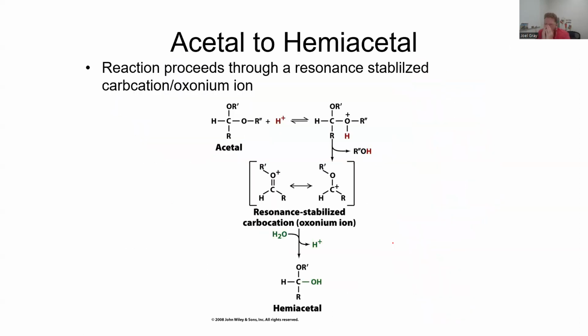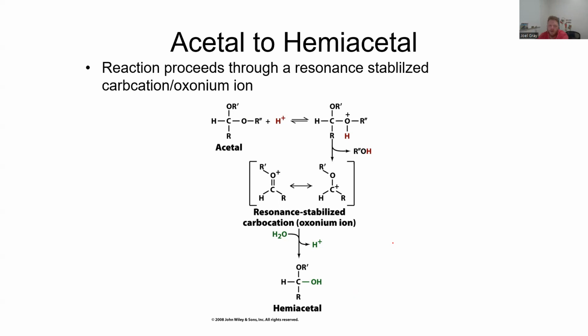Now, what we're seeing happen in this reaction is, if you remember the cyclization of a sugar, we went from an aldehyde to a hemiacetal, and then a hemiacetal would react with an alcohol to form an acetal.